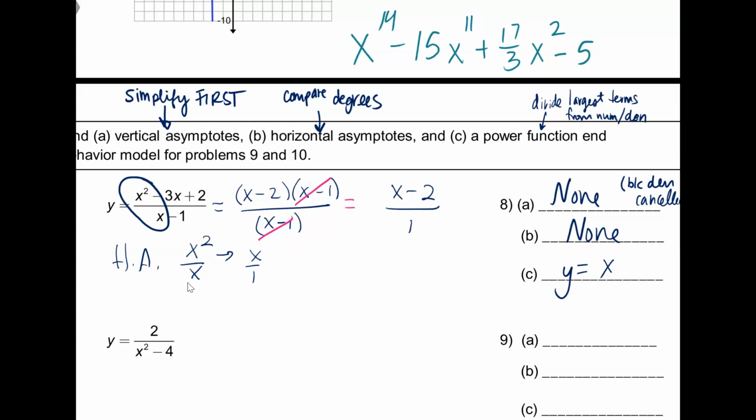You're looking at the biggest exponent, 14. It's positive, so at both ends it's going to positive infinity. So that's the power function. If I want to write it, it would be y equals x to the 14.